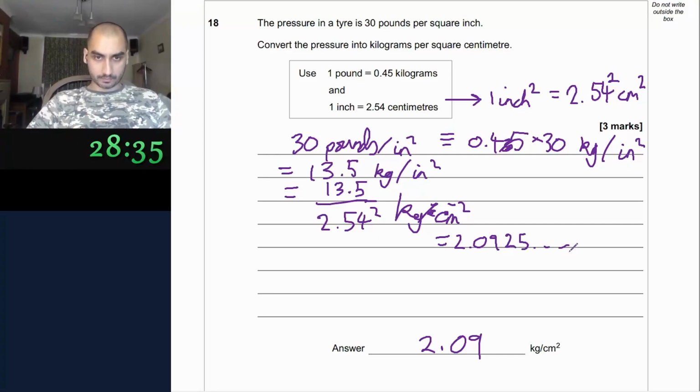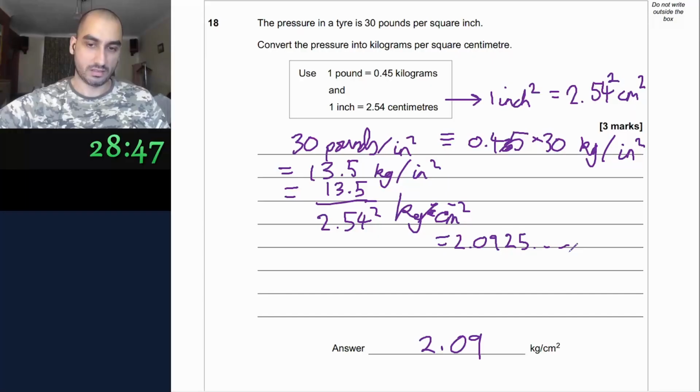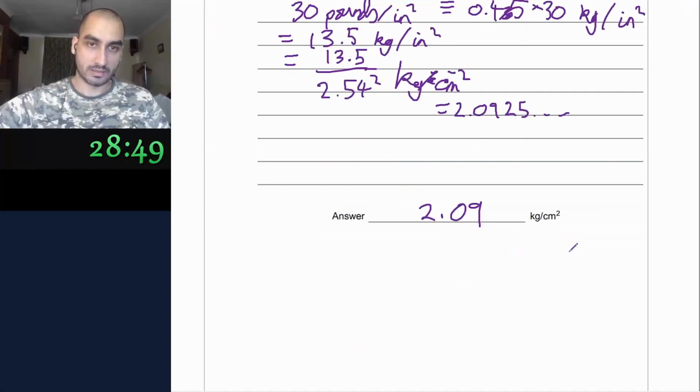All right. Was that right? Yeah. Centimeter squared is weird, though. I would prefer millimeters or meters.